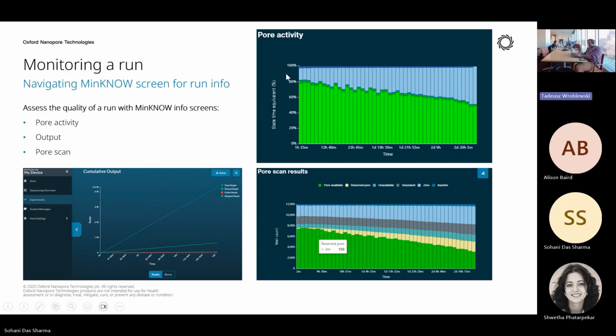Same thing, this is also percentage of pore activity. I feel like these are kind of complementary, right? But the metric or the y-axis is quite different here.